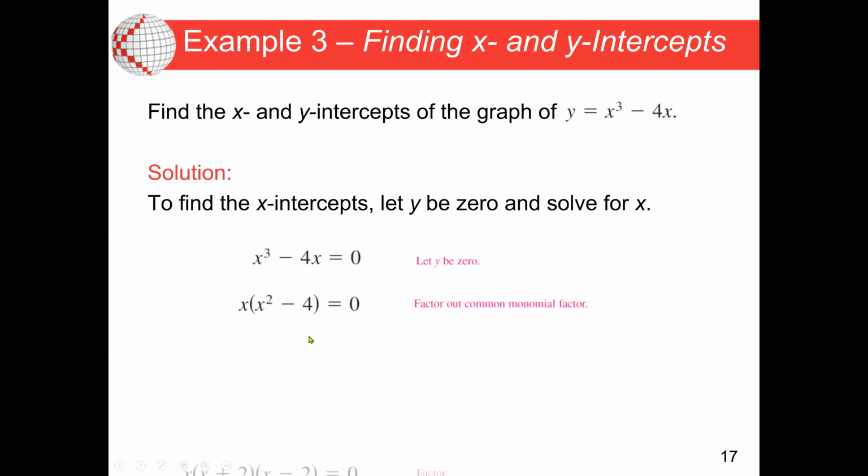So here we're going to get 3 x-intercepts: x is 0, x is -2, and x is +2 also. Because x plus 2 equal to 0 will give us x equal to -2, and x minus 2 equal to 0 will give us x equal to +2. So we have 3 x-intercepts, which are 0, -2, and +2.